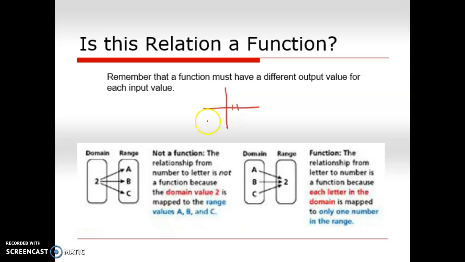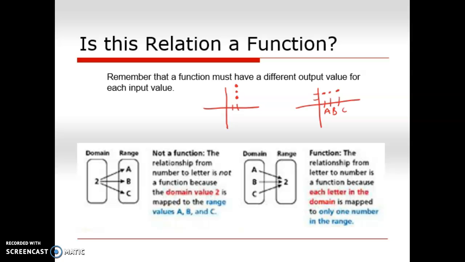That's coming up on the next slide. But if I've got 2 going to A, going to B, and going to C, it all lines up on one vertical line, which is not a function. This second one over here, I've got A, B, and C all going to 2, but each vertical line is fine here. There's no problem with that.